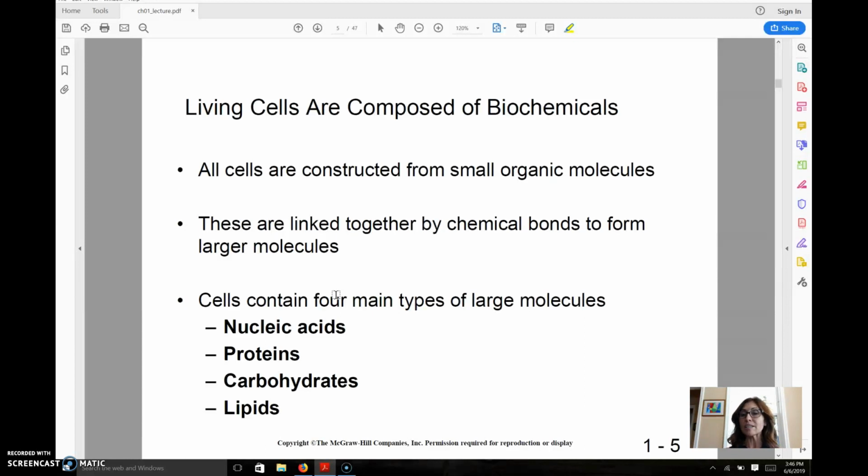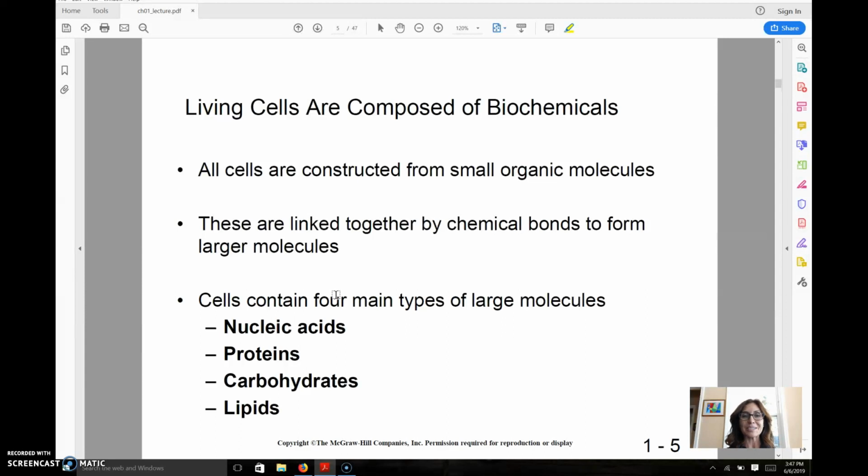They all have carbon in them. And so if you've taken organic chemistry, you've probably already had some experience with looking at different organic molecules. But as a rule, they're all going to be carbon-based molecules. And these are the molecules that build an organism.